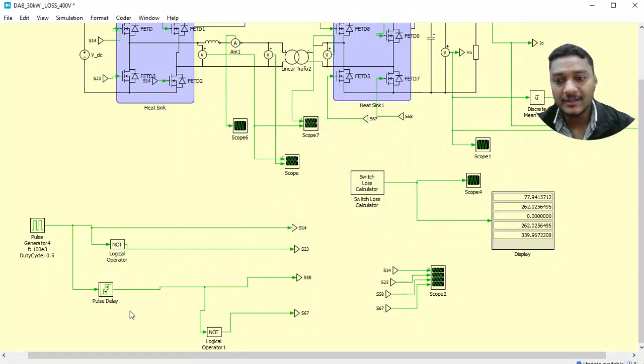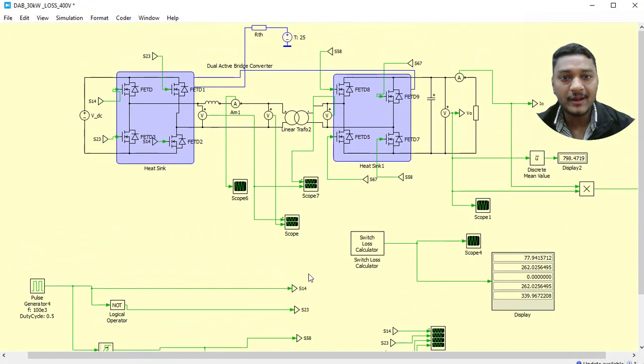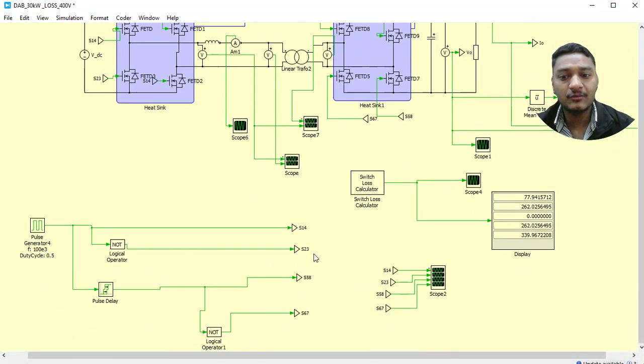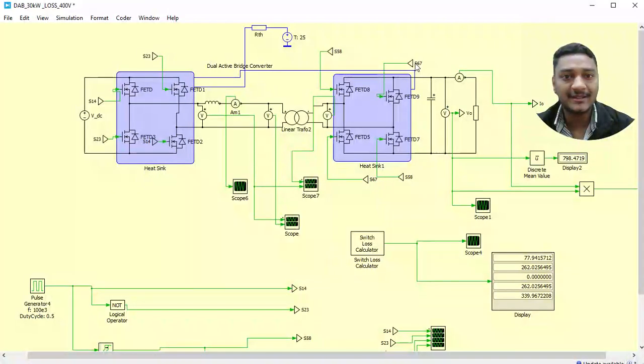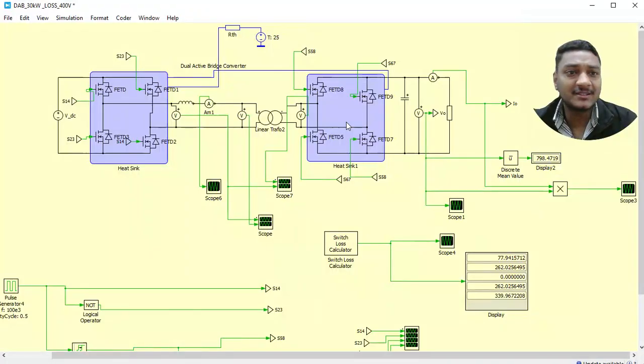That particular phase shift I am going to give here, and then it will generate the two signals. So S58 is this particular one, and the other S58 is this one, right? Because these two switches are going to turn on at the same time, and the other one is S68, so S67 is given to these two switches. Okay, so it is just similar to what we do in MATLAB, right?